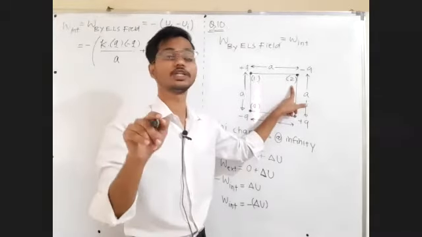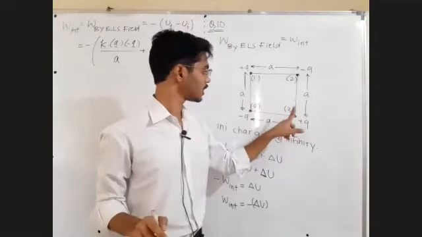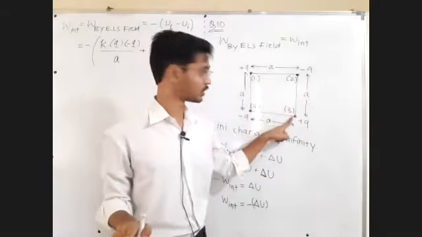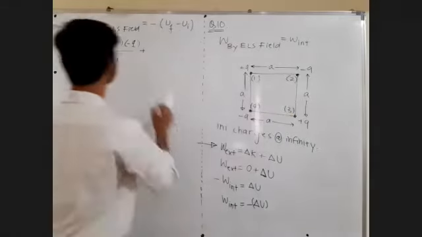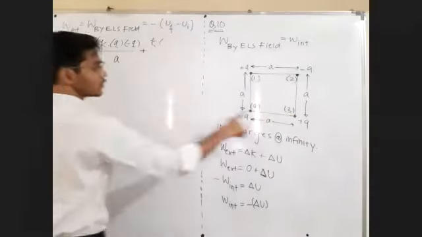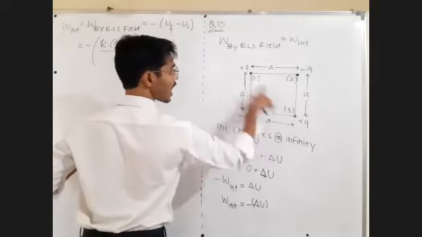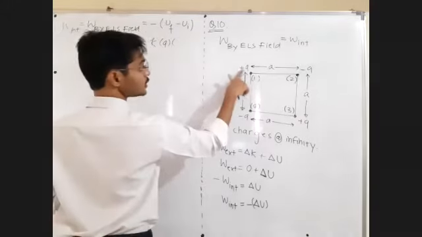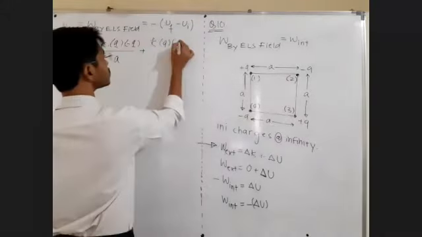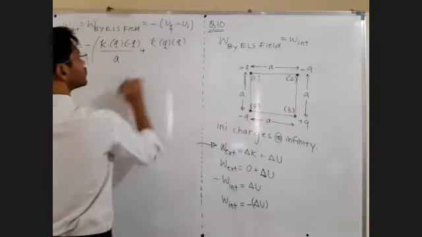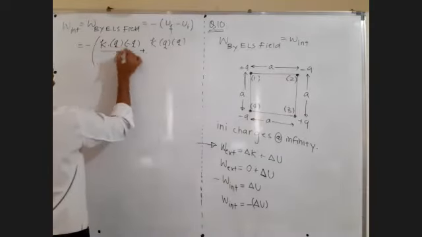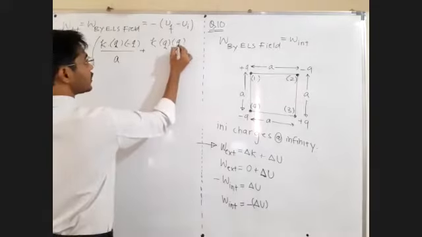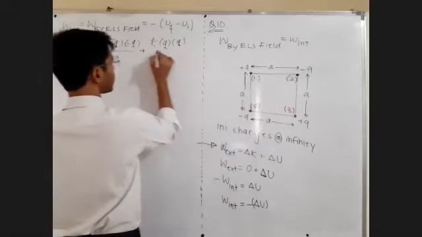Now we have to bring the third charge in the system. Okay sir, the third charge will be brought in the field of the first as well as the second. Let us bring the third in the field of the first. K Q1 Q3 upon R13. Q1 is Q, Q3 is also Q. See how Q is being written, it should look different than A. K Q1 Q3 upon R13.